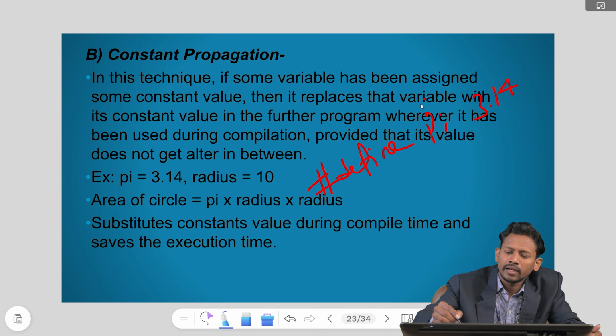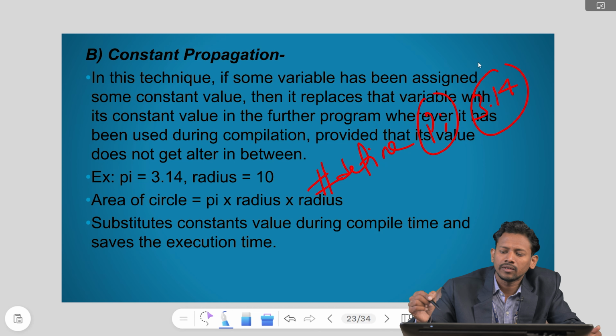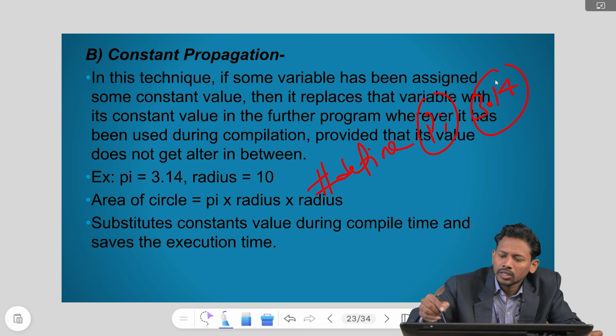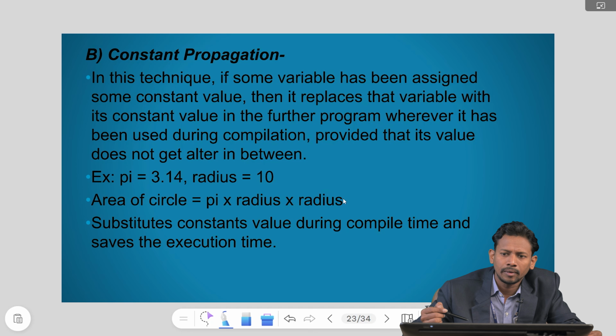Wherever pi is found, we replace it with the 3.14 value, because these are programmatic constants. So the 3.14 value will be propagated in place of the pi variable. This is constant propagation. That means substituting the constant value during compile time, which saves execution time.